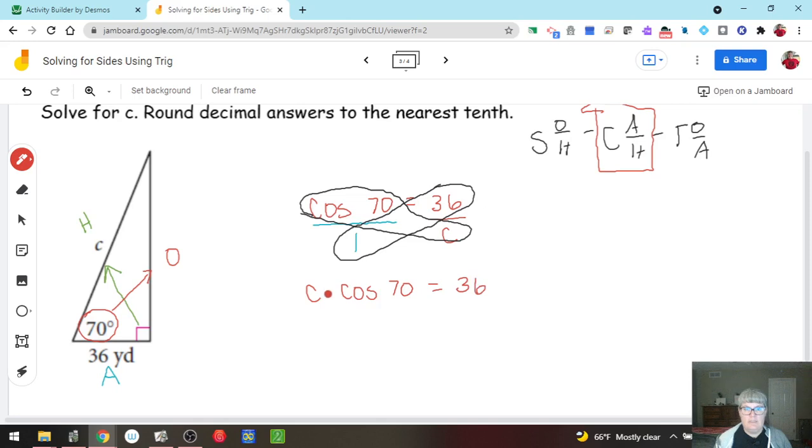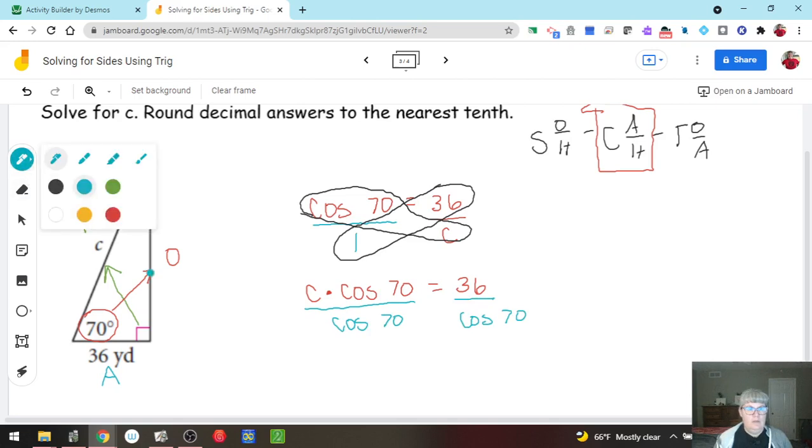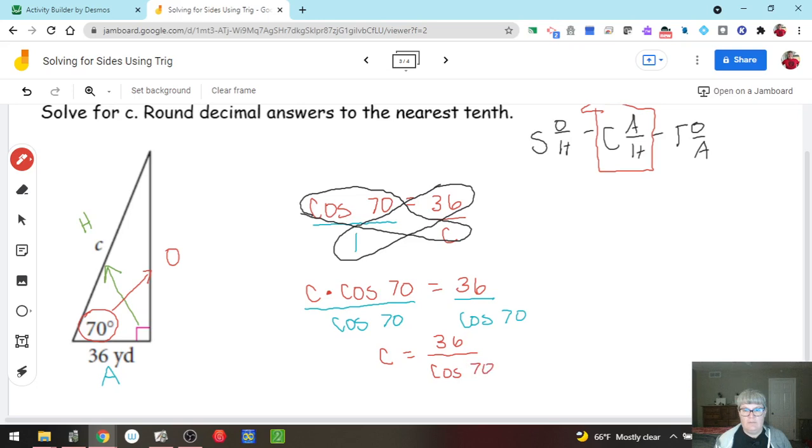Now if I want to get the c by itself, this is c times, to undo a multiplication you have to divide. So we're going to divide by cosine of 70, and to find c, we're going to enter in the calculator 36 divided by cosine of 70.